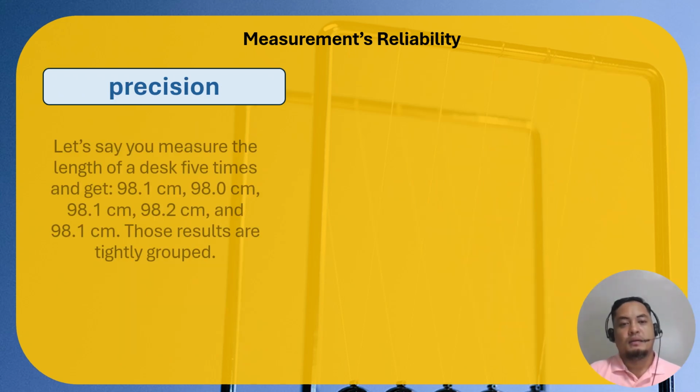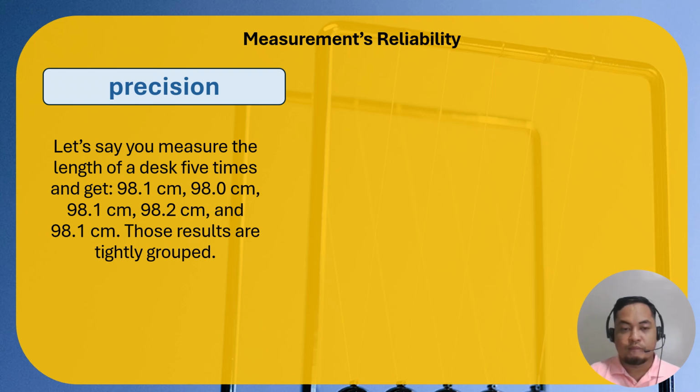Example of a precision problem usually used by teachers. Let's say you measure the length of a desk 5 times and get 98.1 centimeter, 98.0 centimeter, 98.1 centimeter, 98.2 centimeter, and 98.1 centimeter.